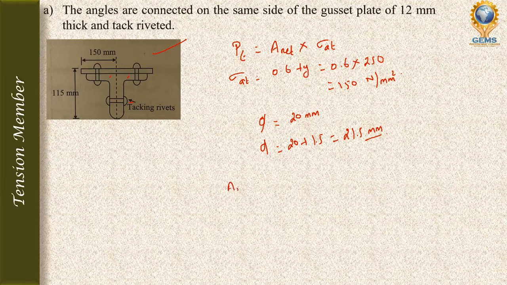Here it is not a single angle, it is a double angle section. So it is connected on the same side. So the net effective area for this condition is A1 plus K2 A2, where K2 is equal to 5A1 by 5A1 plus A2.